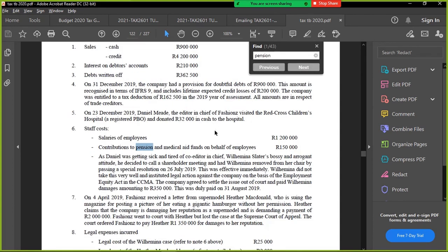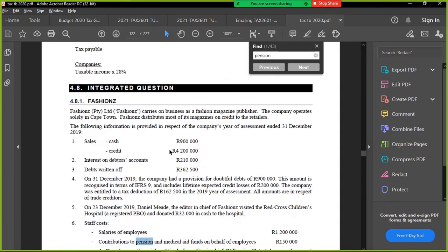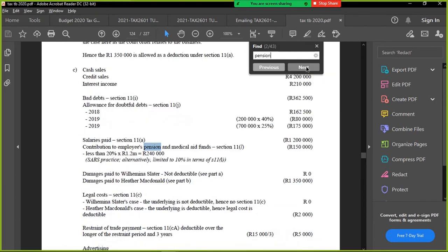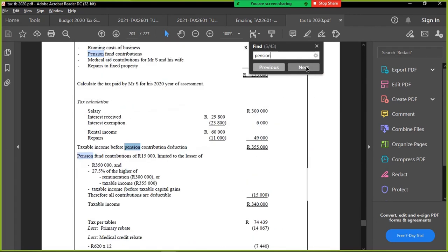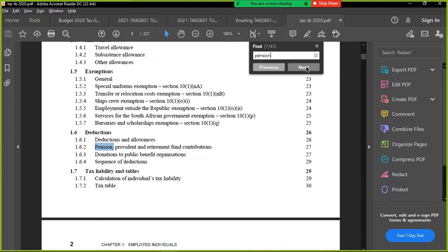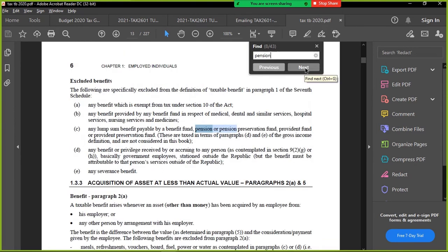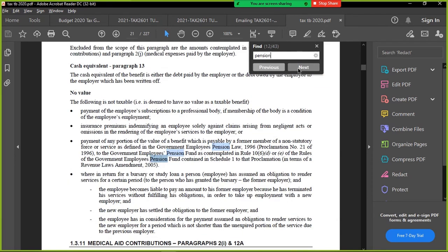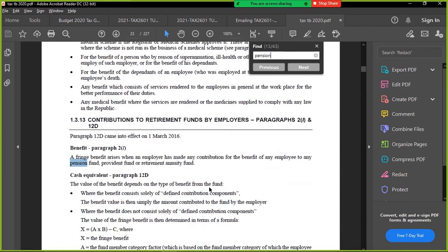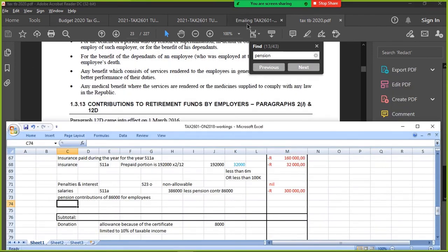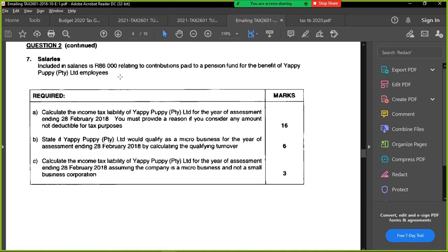But again, just look at the legislation. There, deductions and pensions, page 27. I think this is, no, that's page 6. There. Okay, who contributed this?